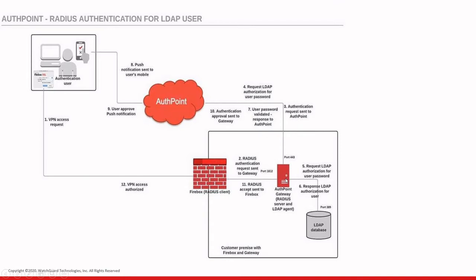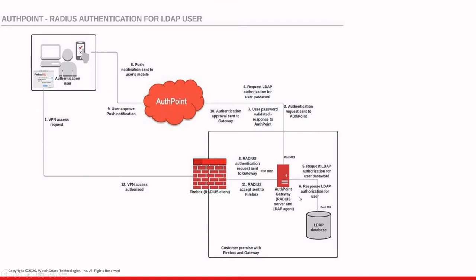The next step is that this authentication request is sent to AuthPoint in the cloud. Now we have a user who is trying to log in with a username and password, and it's part of Active Directory. So the request for LDAP authorization of the user password is going to be sent back in this scenario.